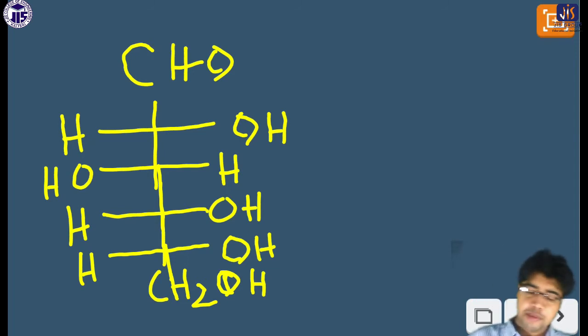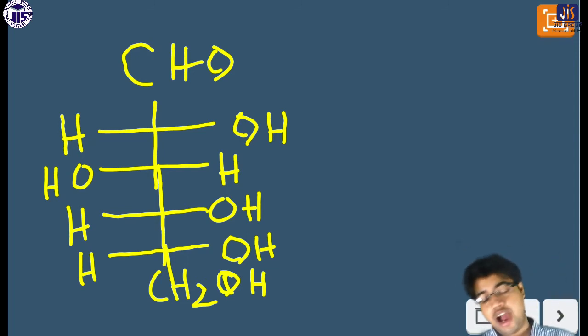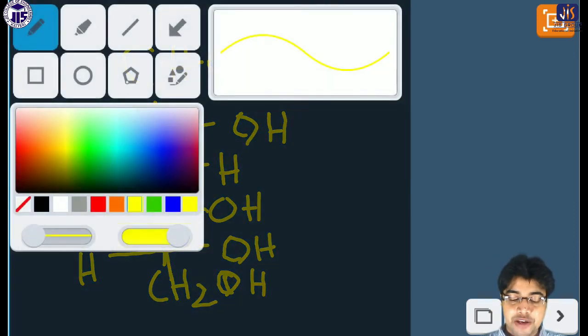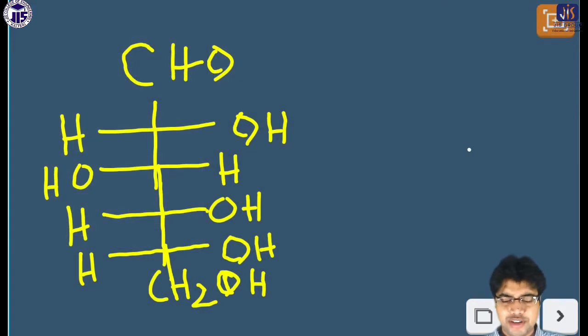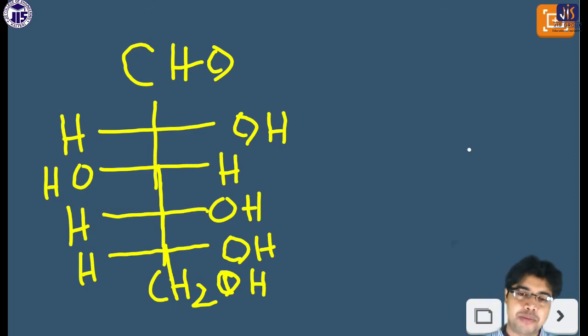Then you have to tell me how it is possible to give the DL nomenclature, because I told you that you have to consider the horizontal axis, and there are so many horizontal axes present here. So you have to take the last-to-last carbon, or from the below position the first chiral carbon. Keep in mind this chiral carbon is important.